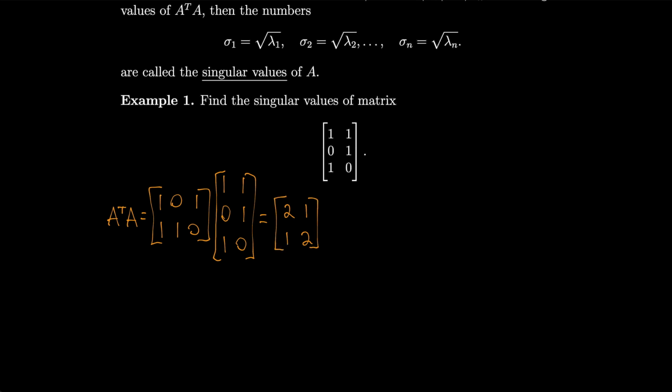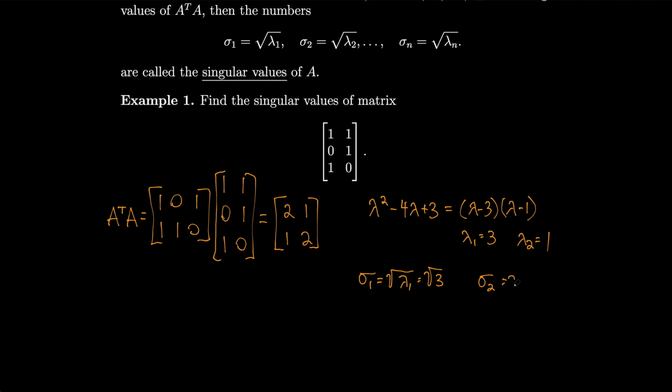So now we can write out the characteristic polynomial, lambda squared minus 4 lambda plus 3, which factors as lambda minus 3 times lambda minus 1, and so we get eigenvalues lambda 1 equals 3 and lambda 2 equals 1. So then our singular values are the square roots of those, so sigma 1 is the square root of 3, and our other singular value, sigma 2, is the square root of lambda 2, which is 1.